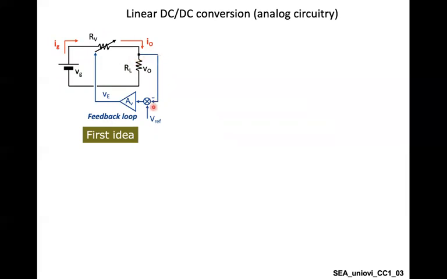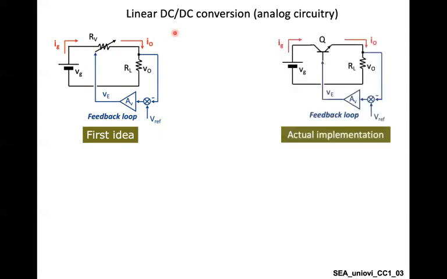And here we have a reference voltage to compare with, a comparator, and a decision-making unit. In order to realize this as a physical circuit, you can replace this by simply a transistor, which acts as a switch.